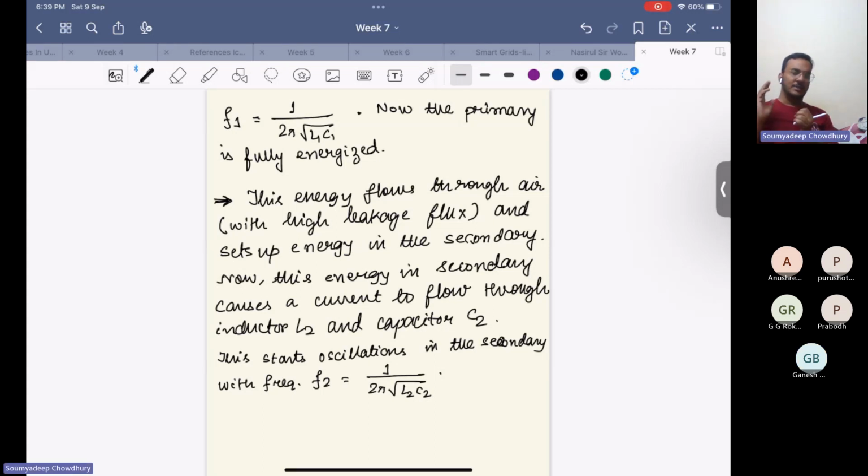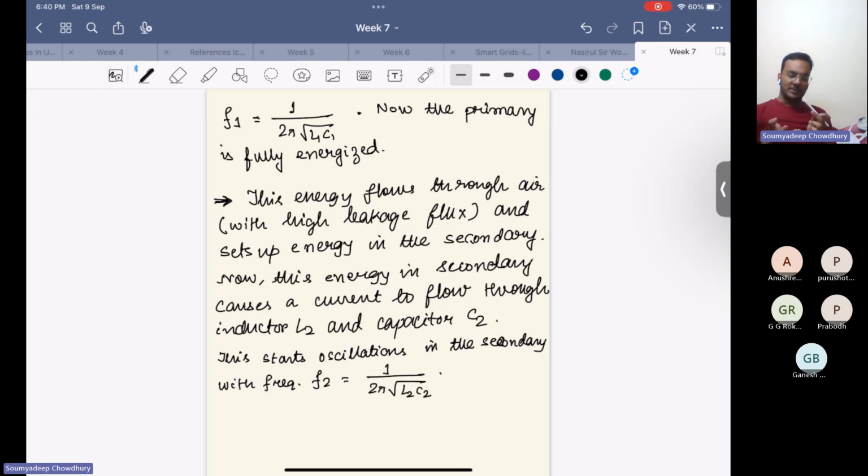So you need to understand this, you need to think carefully. Why is this energy transfer happening and why is there a flashover, and again now what will happen? There is a transfer of energy from secondary to primary again. So again primary energy will build up slowly, and once it reaches peak value, it will charge L1, and then again it will transfer to secondary.